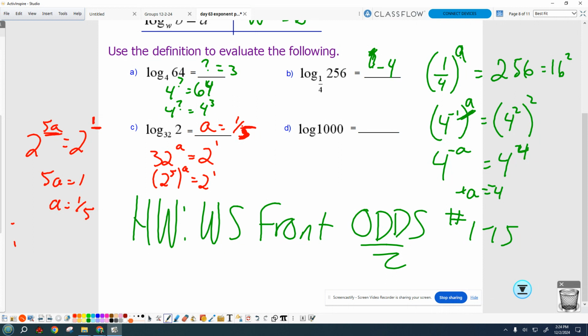Now, what do you think about the last one? So it's 10 to the 1 equals a 5. What is 1,000 as a power of 10?